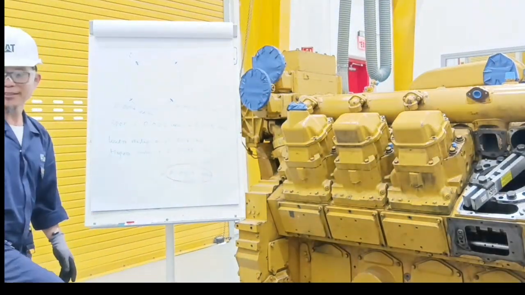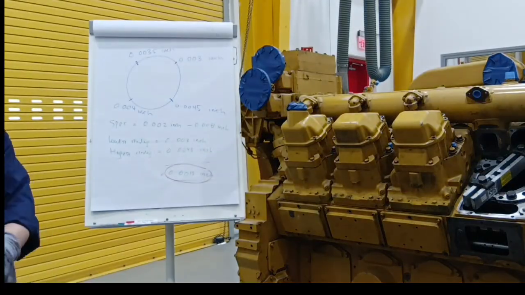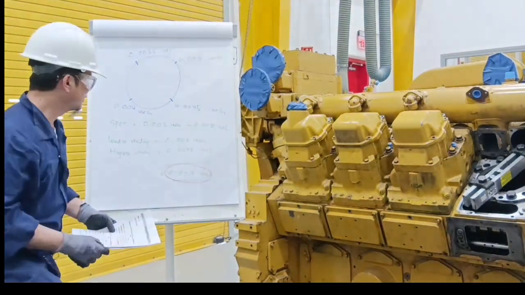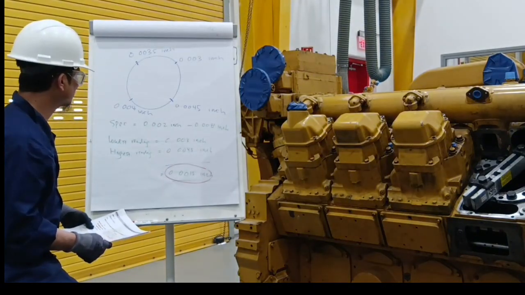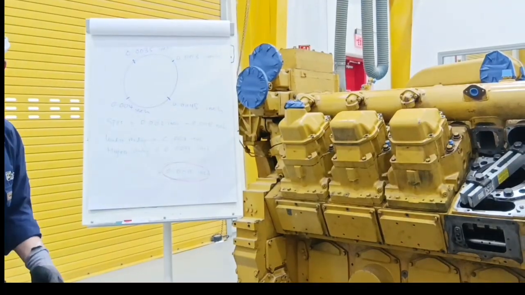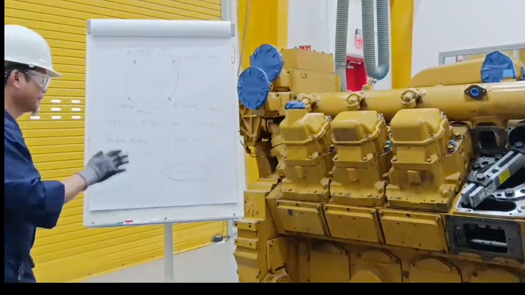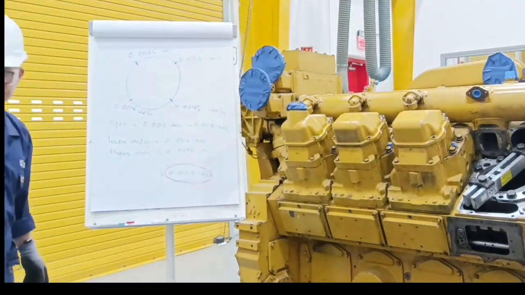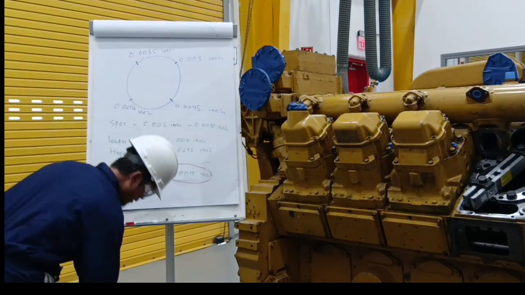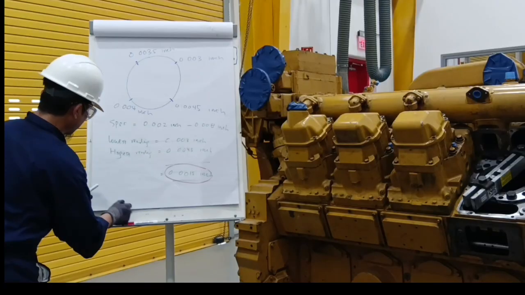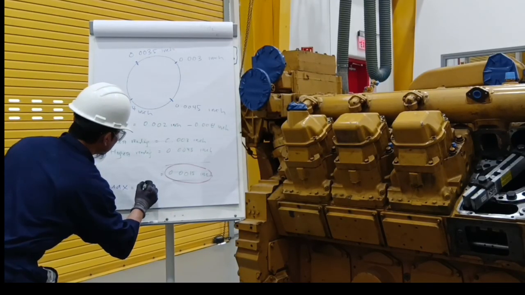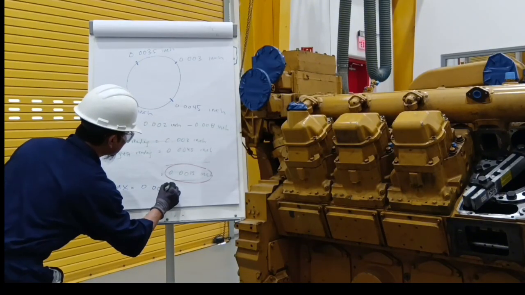The specification also mentions that between the cylinders, the difference should be not more than 0.002 inch. So we will check another cylinder with the same procedure. Now the maximum difference is 0.002 inch.